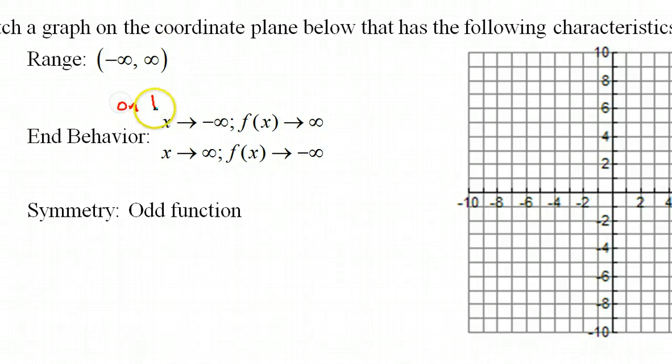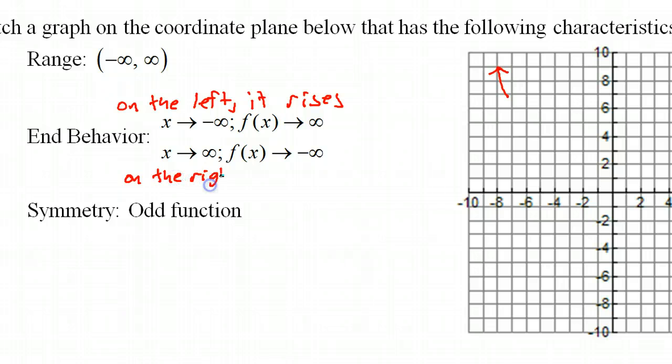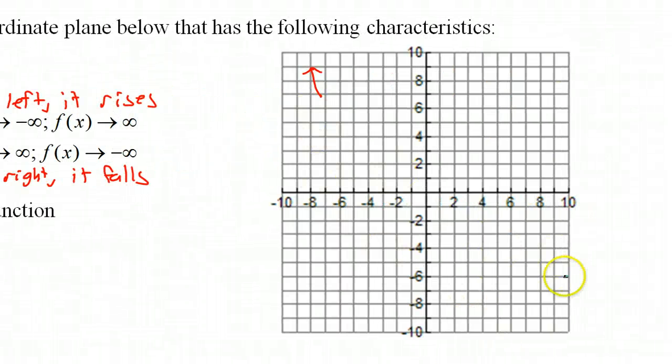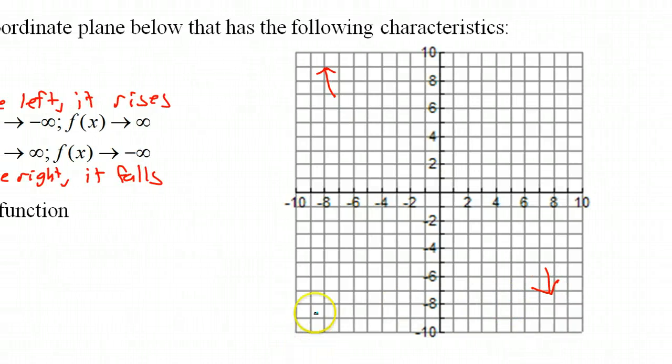This is saying on the left it rises, so I need something that on the left is going up high. And this is saying on the right it falls. So I need something that rises on the left and falls on the right, and that will help me with the range because it's going to go up forever and down forever.